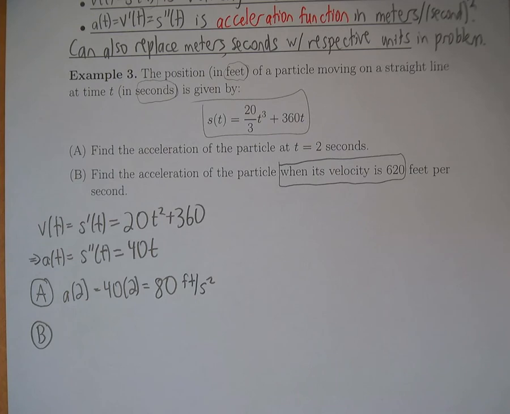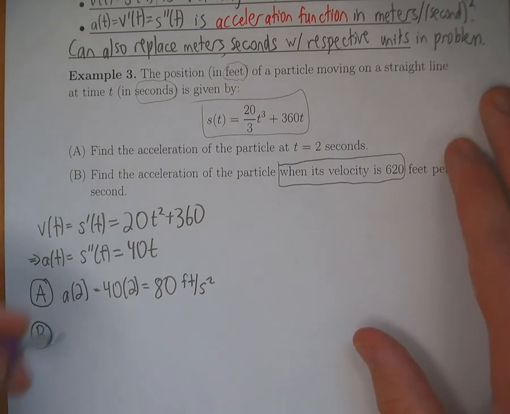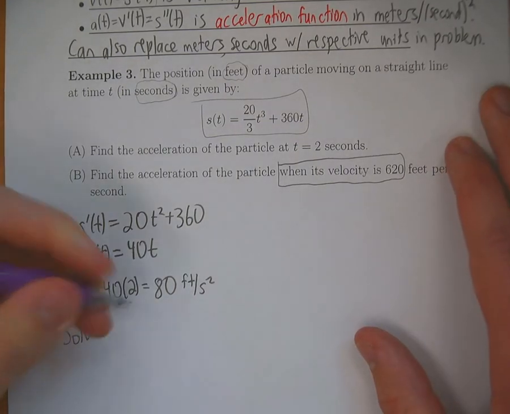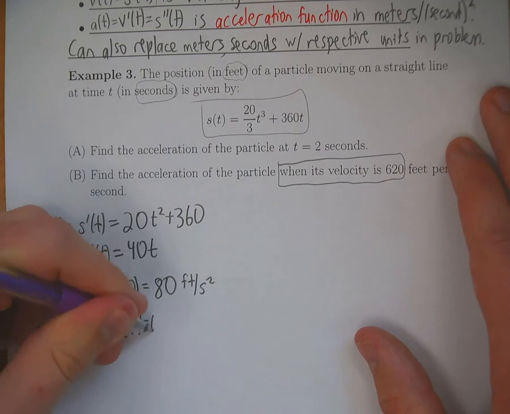We need to figure out at what time the velocity is 620, right? So what do we need to do with our velocity function? Set it equal to 620. Right. So we have to solve v of t equals 620 first.